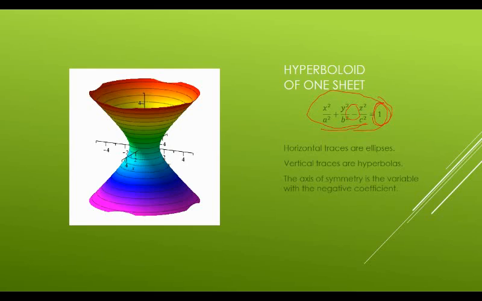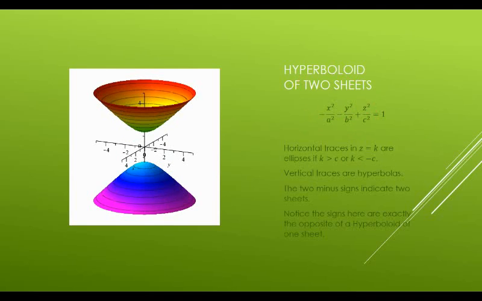The 1 here is what forces it to come out a little bit from the origin, and that's why you get a hyperboloid. The 1 sheet just refers to the fact that there's only one surface here that's attached. So you can see that the horizontal traces are still ellipses and the vertical traces are hyperbolas. It has a lot of the same properties that cones have, it's just that it doesn't pinch off at a point in the middle.